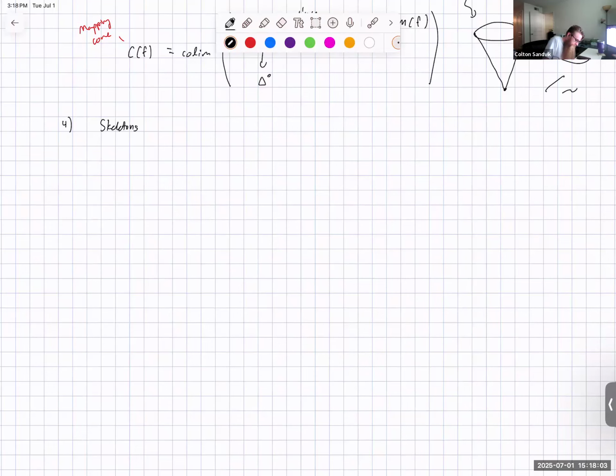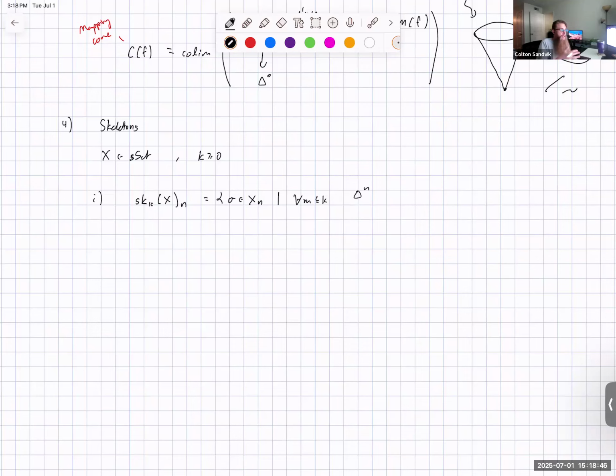So maybe we start by fixing some simplicial set X and taking some integer k greater than or equal to 0. So the first definition is that the k-skeleton of X, this is going to also be a simplicial set, so I'm going to write down what its n-simplices are. It consists of the n-simplices of X such that, for all the m that are below or the same as k, we can factor the map sigma.